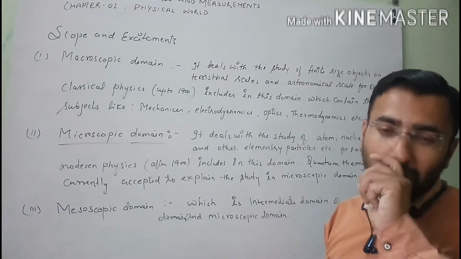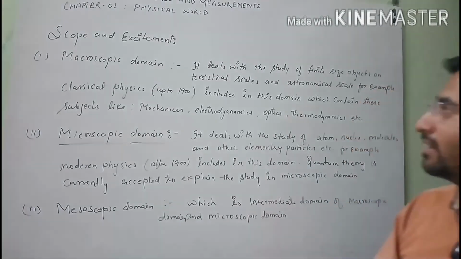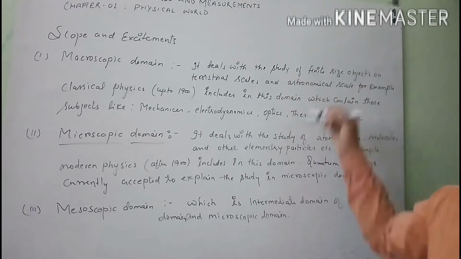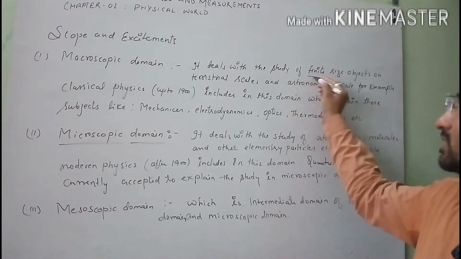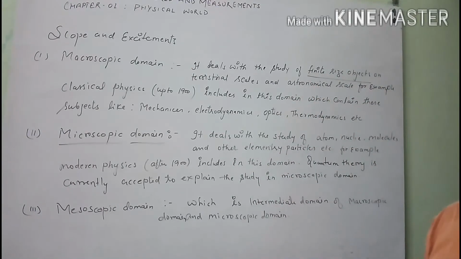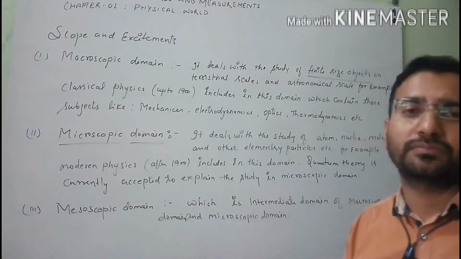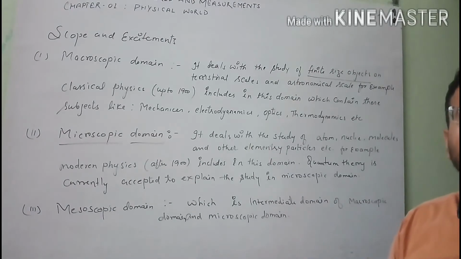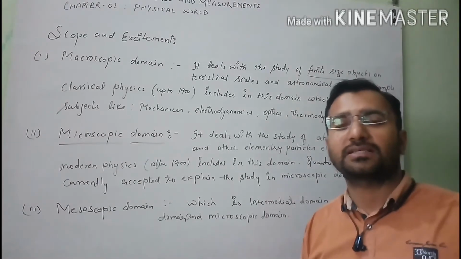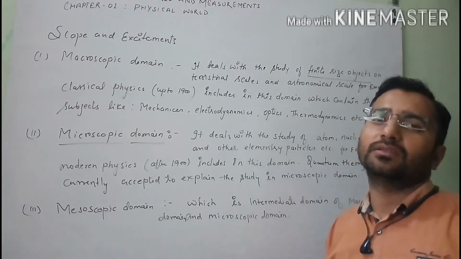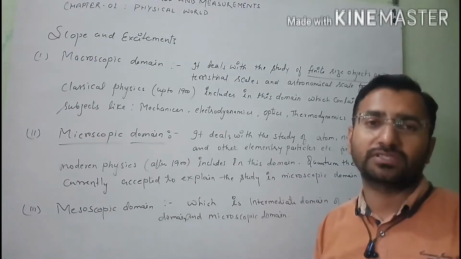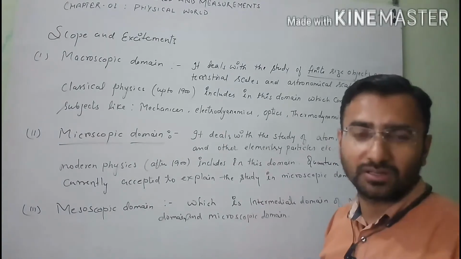In the macroscopic domain, it deals with the study of finite size on a terrestrial scale and an astronomical scale. So classical physics comes under this type of domain, which is called the macroscopic domain.